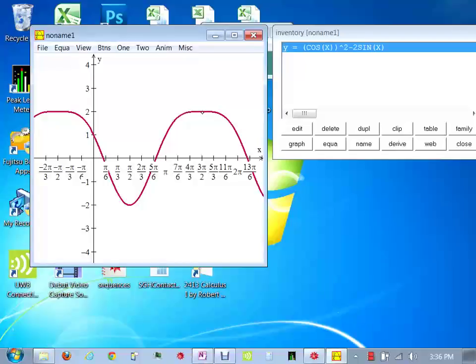Okay, where did we have inflection points? Pi over 6, right here is an inflection point. 5 pi over 6, there's the other inflection point. Where was the other one? 3 pi over 2, right here. Oh, you know what? Hold on a second. We're concave down, concave down.